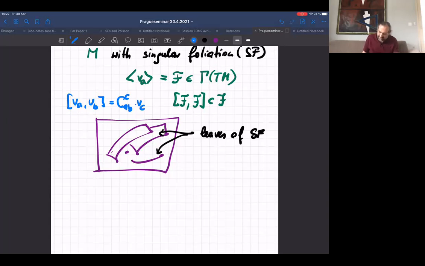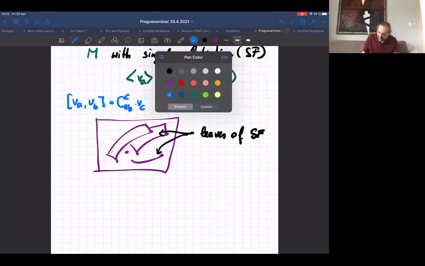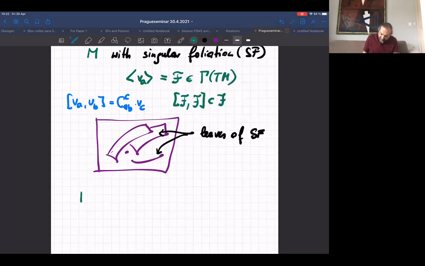Right. And now there's one simple observation which we will use also in the second instance again, that we can identify sections in TM, so vector fields, with bilinear functions on T*M. And we will use those as constraints, where the C^C_AB precisely become the C^C_AB we saw before.